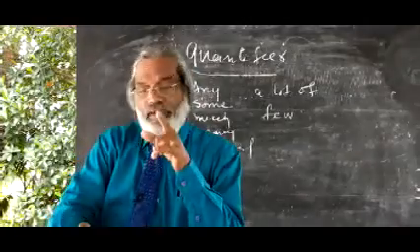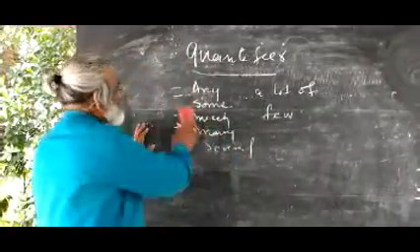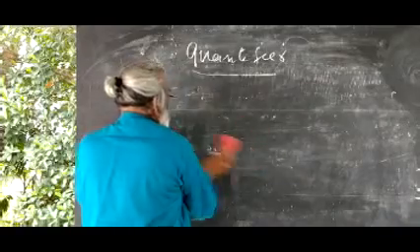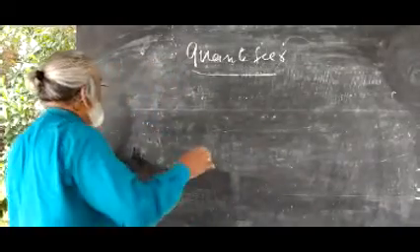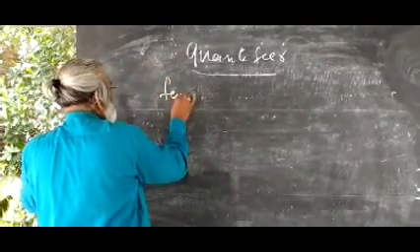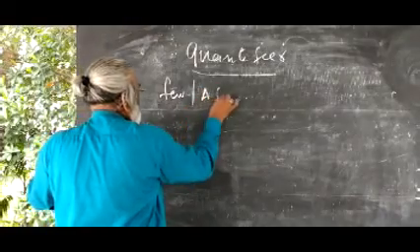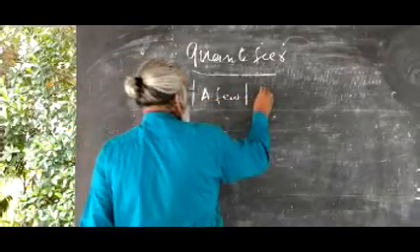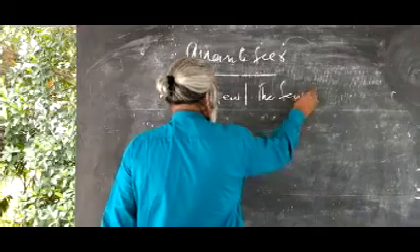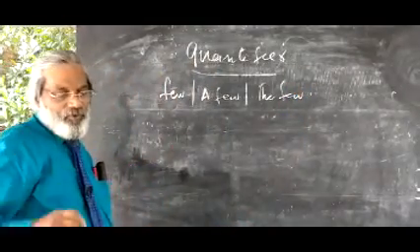Keep this example in mind. Confusion may arise among the children. Sometimes these quantifiers will lead you to confusion. For example, few, a few, the few. Construction is different.